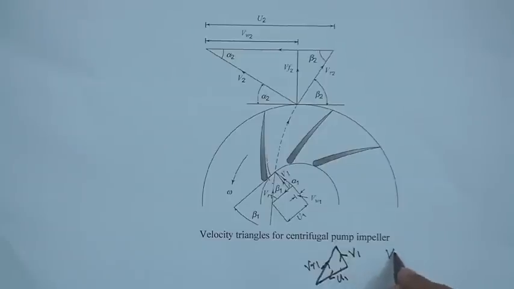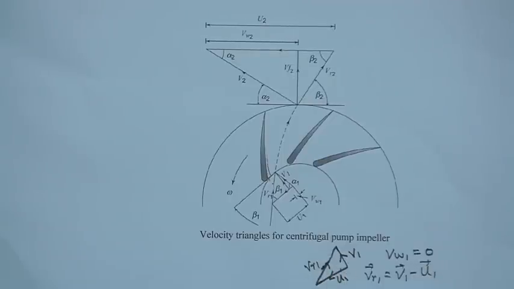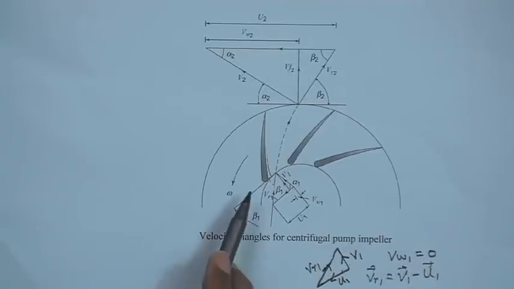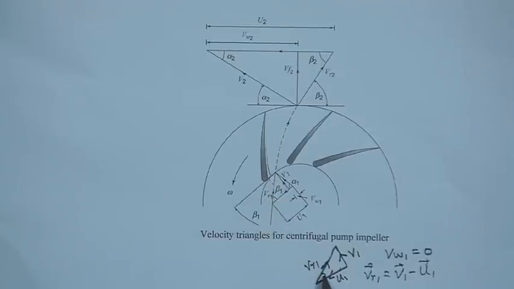That means Vw1 is 0, and this is the velocity triangle. Vw1 should be made 0, and this is beta 1.